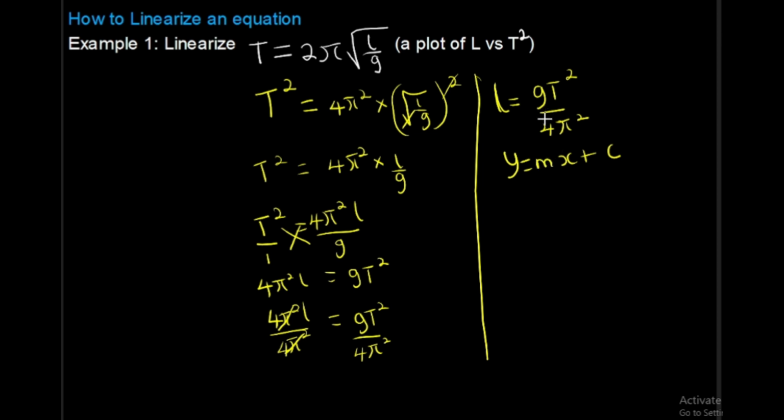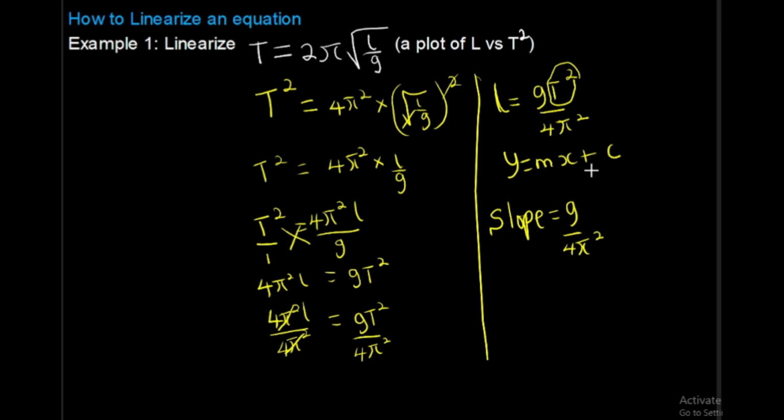In this case, we have L equals gT squared over 4 pi squared. What's our horizontal component? T squared. So everything attached to T squared, the coefficient of T squared, is going to be our slope. So your slope will be equal to g over 4 pi squared.